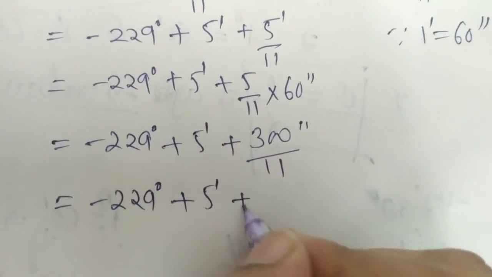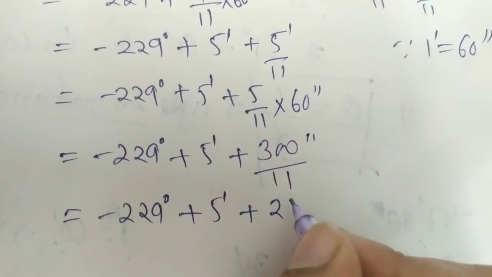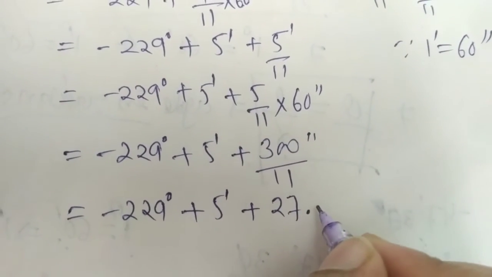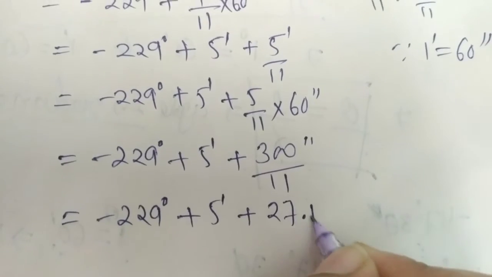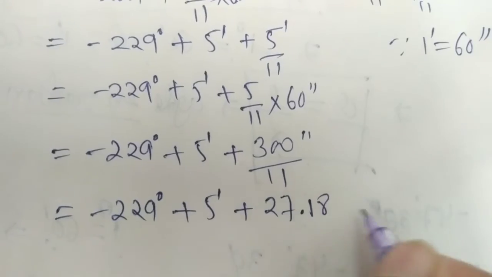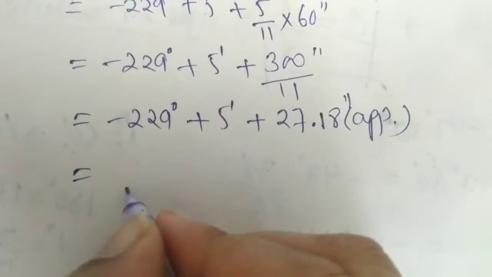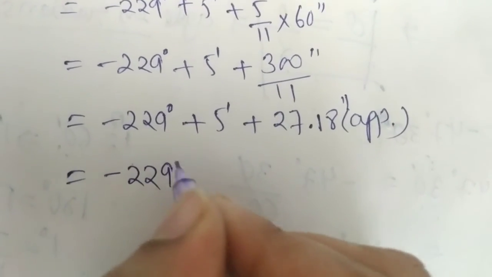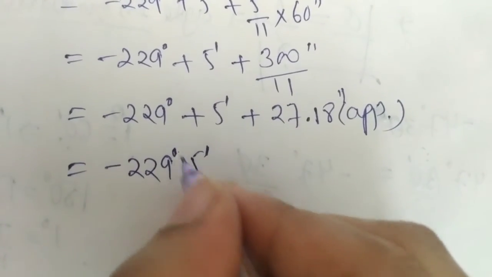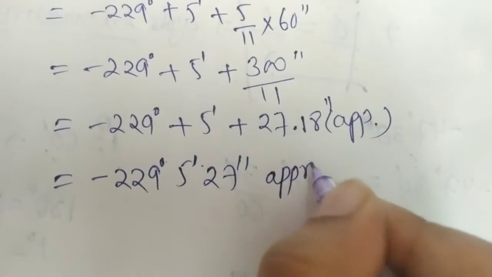That is 300 upon 11 seconds, which is approximately 27 seconds. So I can write it like this: minus 229 degrees 5 minutes and 27 seconds approximately.